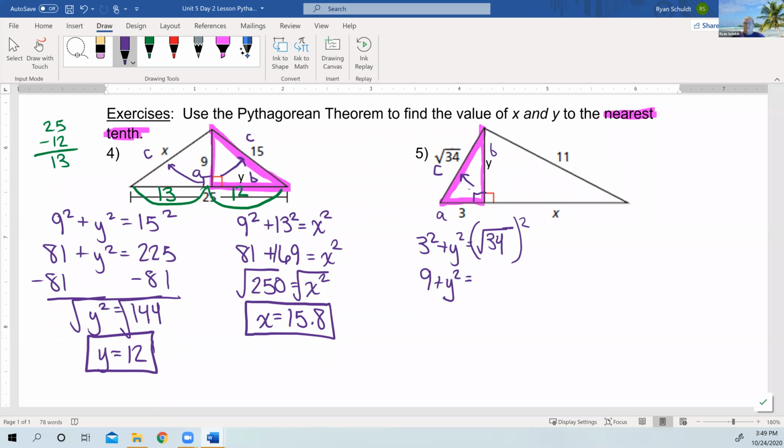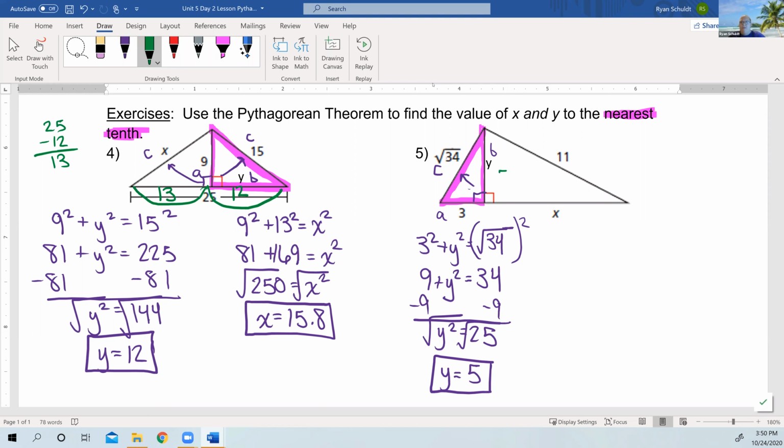They just undo each other. So that's going to leave us with 34. Subtract 9. We get y squared equals 25. Square root it, and we get y equals 5. So that, my friends, is the y up here.